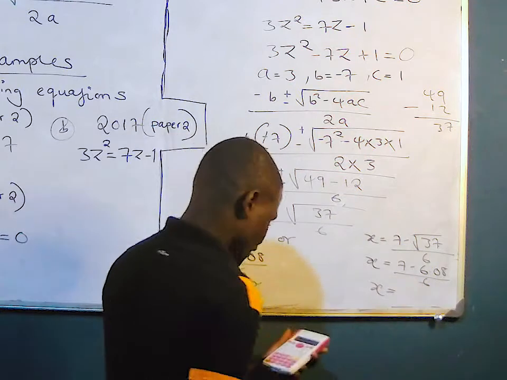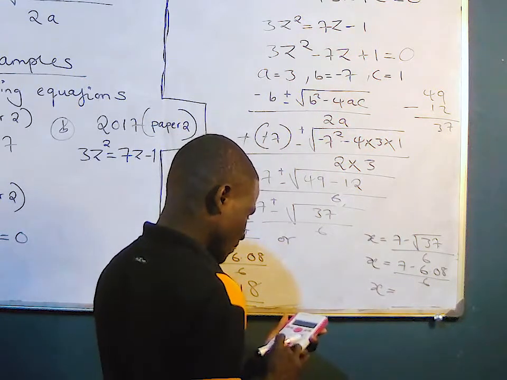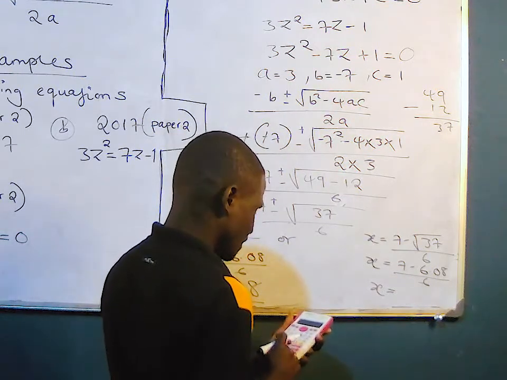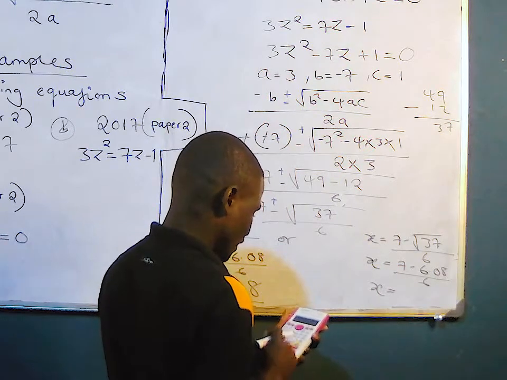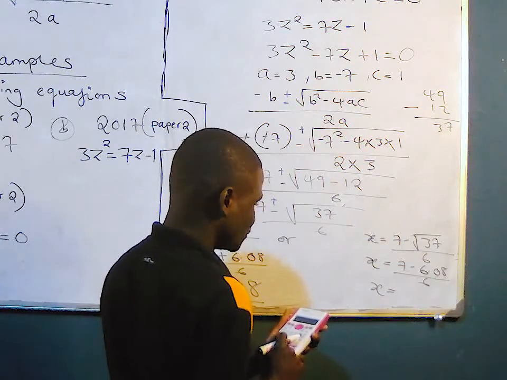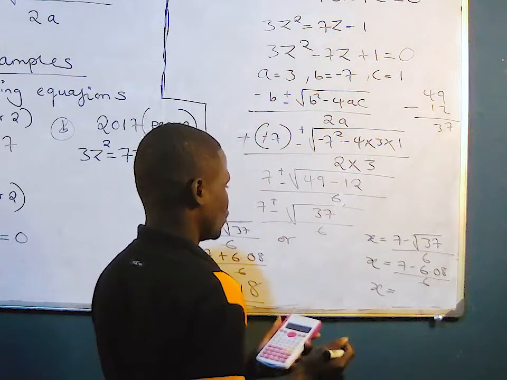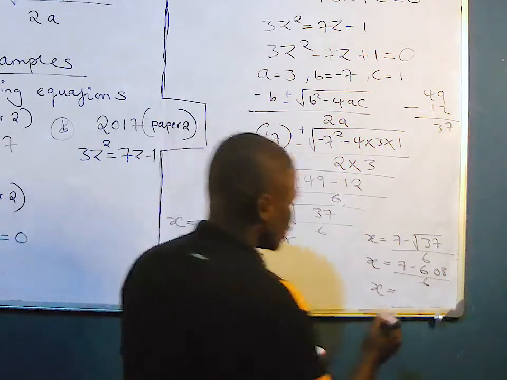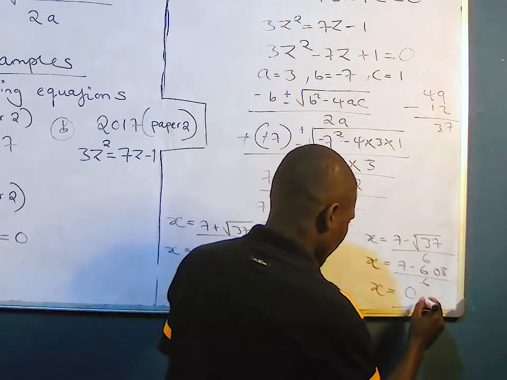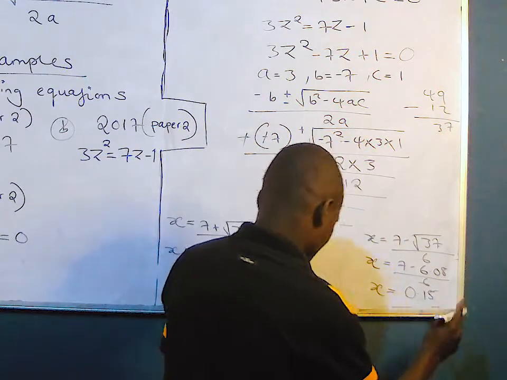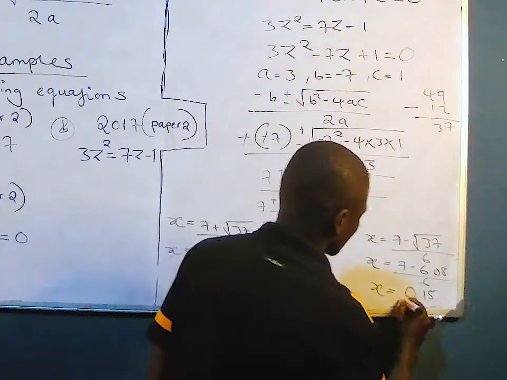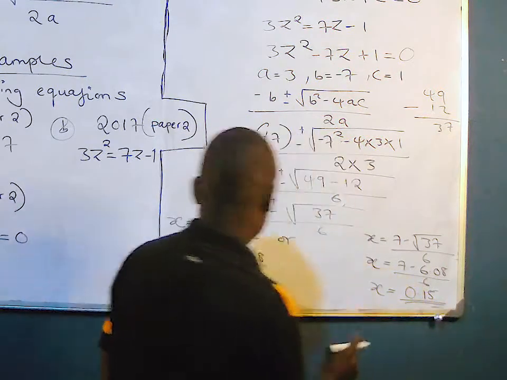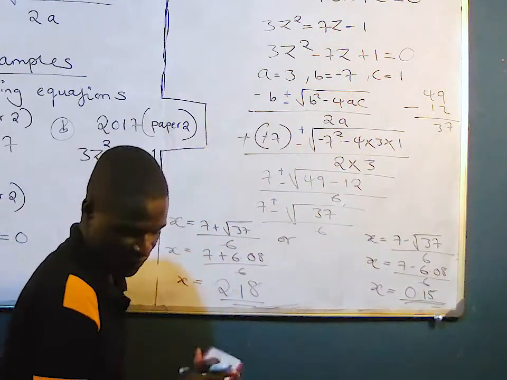Now try to see again, 7 minus 6.08 is 0.92. We divide by 6, which is 0.15, with 333 recurring. It's okay, you can leave it in 2 decimal places, as I've left this one.